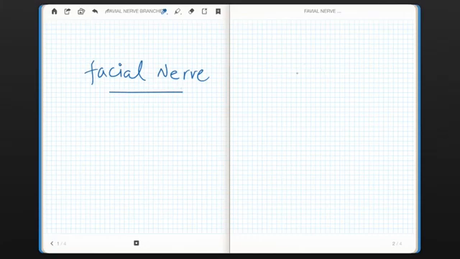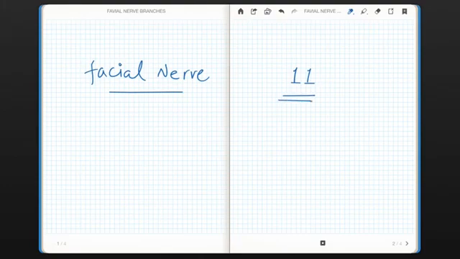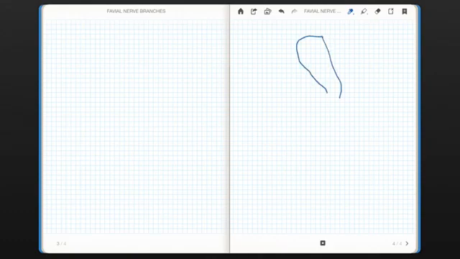Now the facial nerve gives a total of 11 branches along its course. So let's see how to remember these 11 branches. Now the facial nerve enters into the petrous temporal bone, and within the petrous temporal bone it gives three branches.